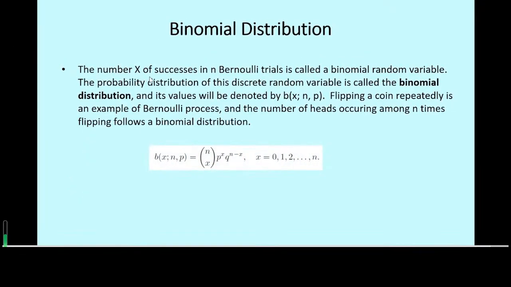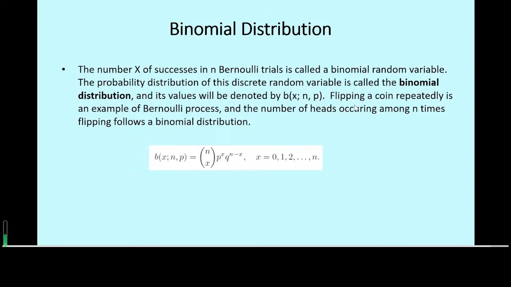The number x of successes in n Bernoulli trials is called a binomial random variable. The probability distribution of this discrete random variable is called the binomial distribution, and its values will be denoted by b(x; n, p), where x denotes this random number, n is total trials, and p is the probability of success in each trial.